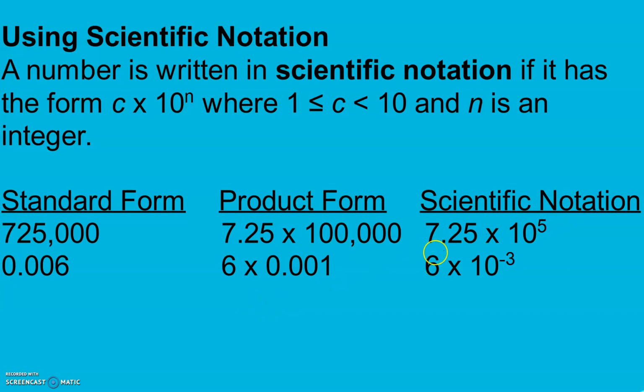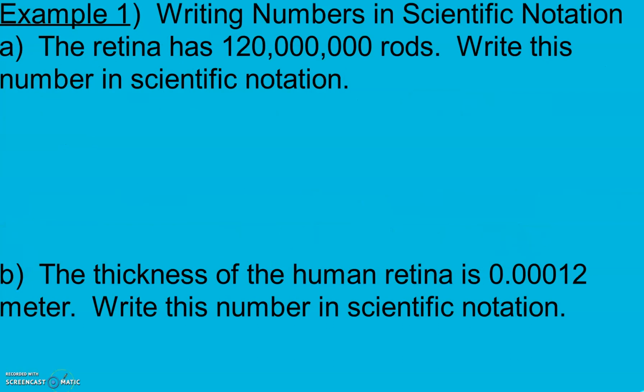And in scientific notation, we take our decimal, exactly one number in front of our decimal place, times in exponent form 10 to the blank. Notice here, numbers that are bigger than 10 have positive exponents, and numbers that are smaller than 10 have negative exponents. In example 1, we're going to write numbers in scientific notation.